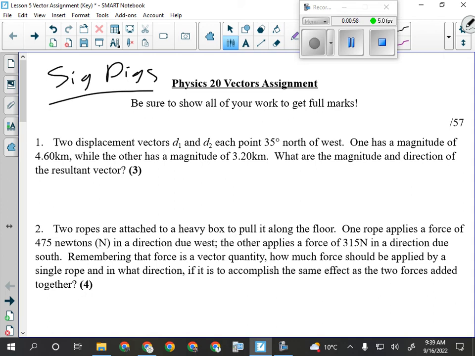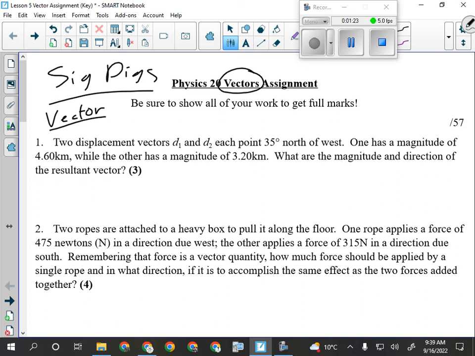Make sure that your final answer has the right number of significant digits, and that it has a vector, since that's kind of the whole point of the assignment. You should probably have vectors on the vast majority of the answers in this assignment.